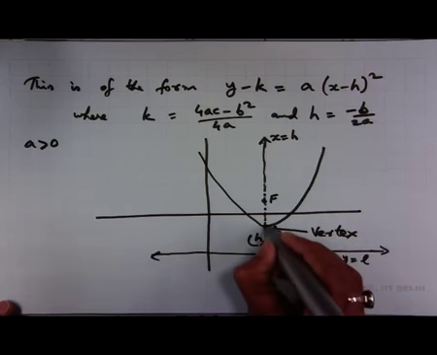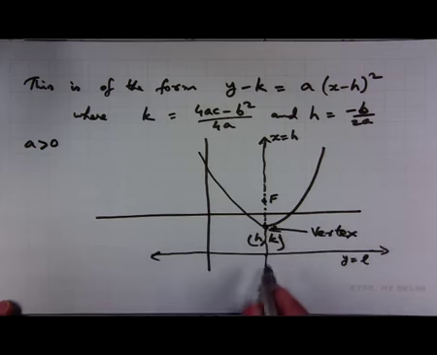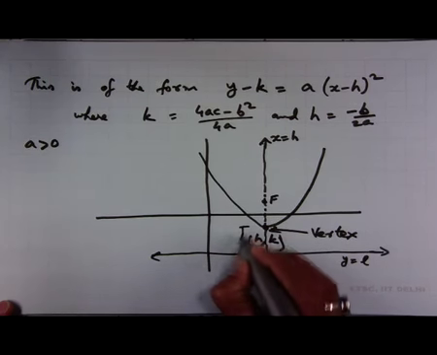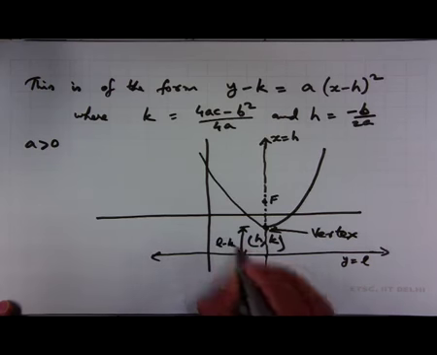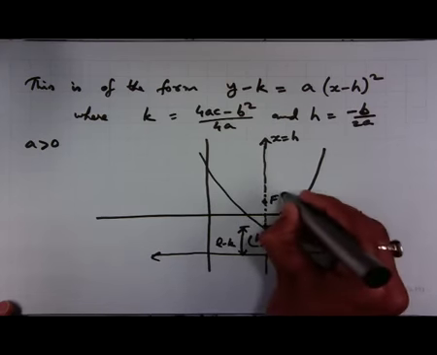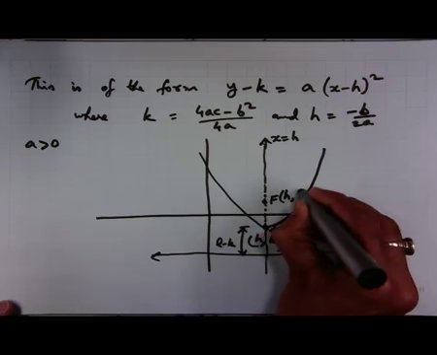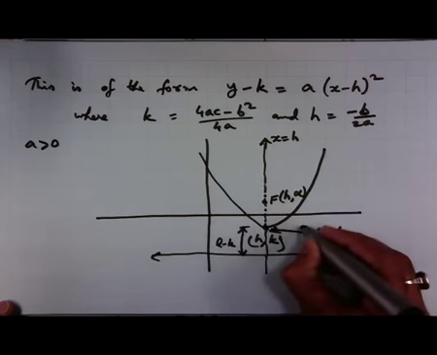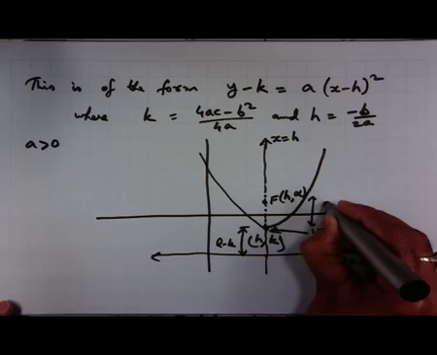So, since we have this vertex here at h comma k, the distance from the vertex to the directrix is L minus k, and if my focus is at the point h comma alpha, then the distance from focus to vertex is alpha minus k.